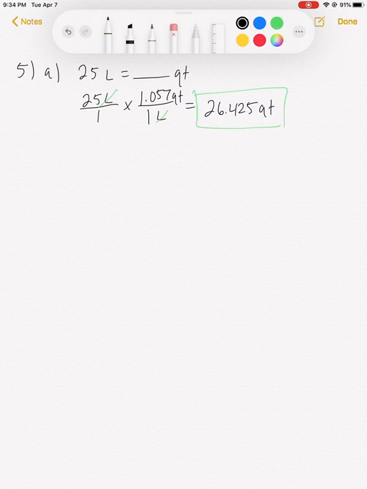Okay, so part B is I'm taking 25 meters and I'm going to find out how many feet that is.